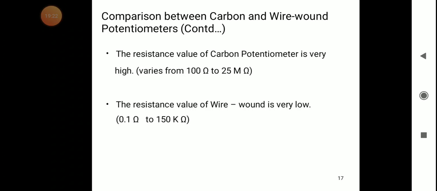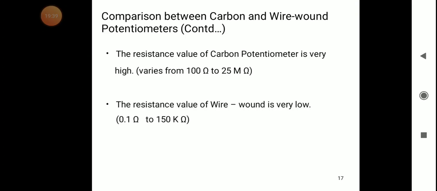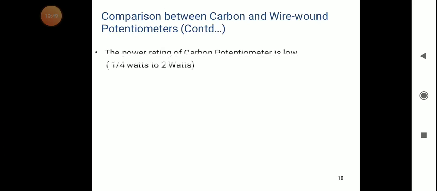So comparing them, the resistance value of the carbon potentiometer is very high. It varies from 100 ohm to 25 mega ohm. The resistance value of wire wound is very low, that is 0.1 ohm to 150 kilo ohm.